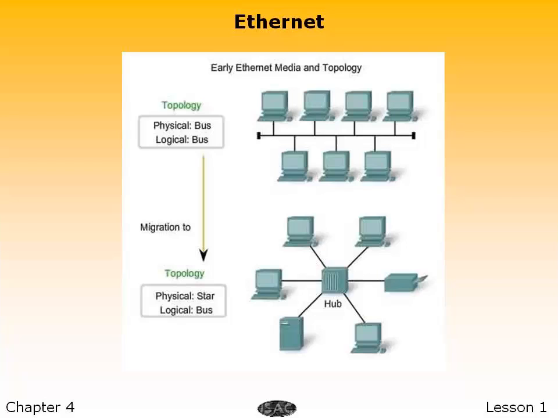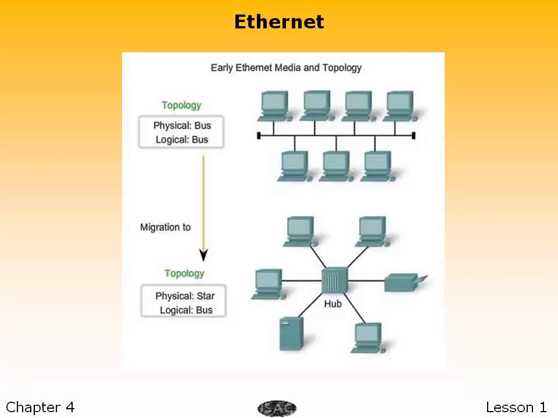For signal degradation and timing reasons, coaxial Ethernet segments had a restricted size. Somewhat larger networks could be built by using an Ethernet repeater. Early repeaters had only 2 ports, allowing at most a doubling of network size.